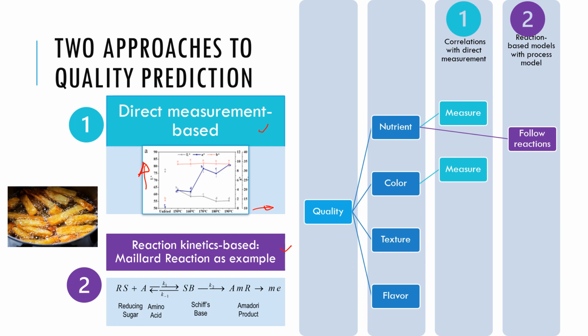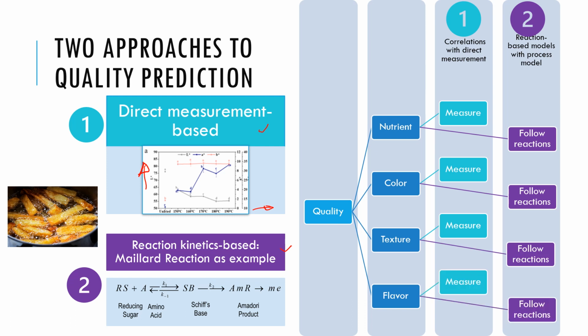We can do either direct measurement or following the reactions. Same thing for texture and for flavor. So we can do one of these two ways, either measure directly or follow reactions. That's going to be part of our framework.